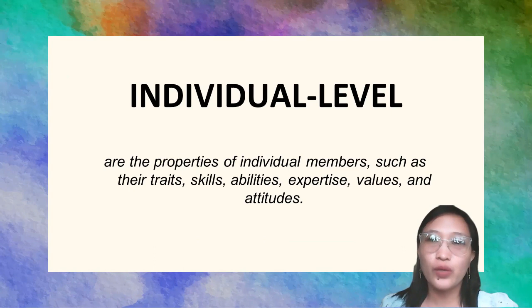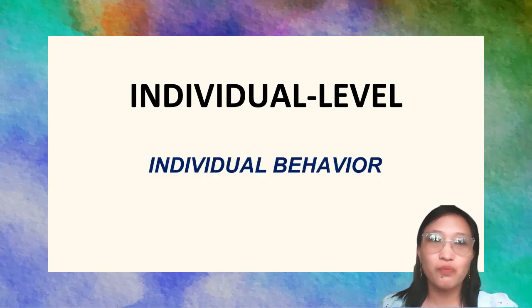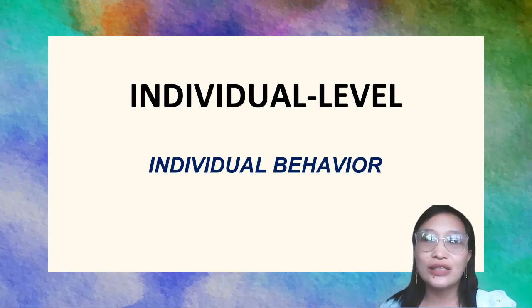We also have what we call the individual behavior in the individual level. So when we talk about this, individual behavior refers to how each group member acts, communicates, and contributes within the group. Factors influencing individual behavior include personality traits, values, attitudes, and skills. Observing individual behavior helps understand the strengths, weaknesses, and roles of group members.